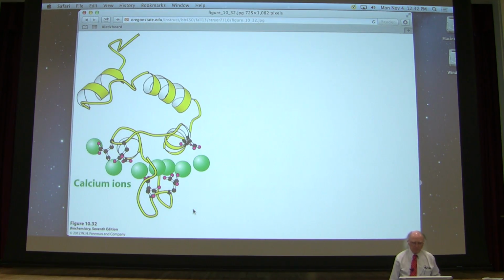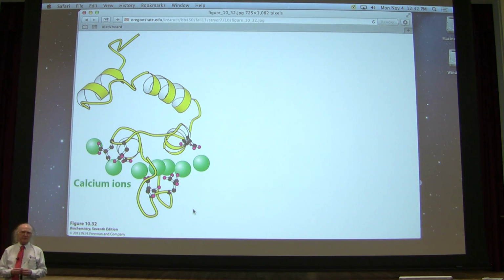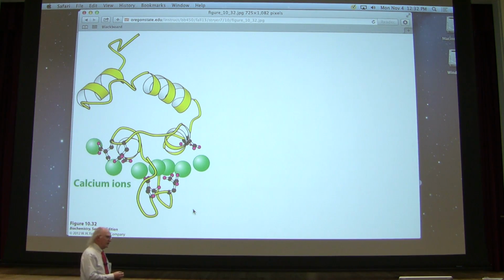So, prothrombin turns out to be a really interesting protein. Prothrombin. Now, we're talking about the inactive form of thrombin. The inactive form of thrombin gets chemically modified by an enzyme that uses vitamin K. Vitamin K is associated with blood clotting. It's very important for blood clotting, as we will see in a minute.